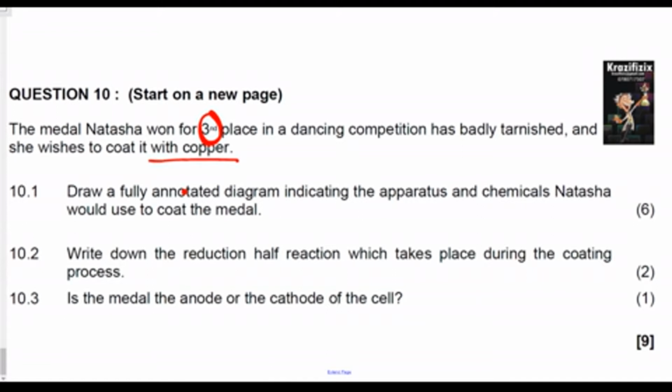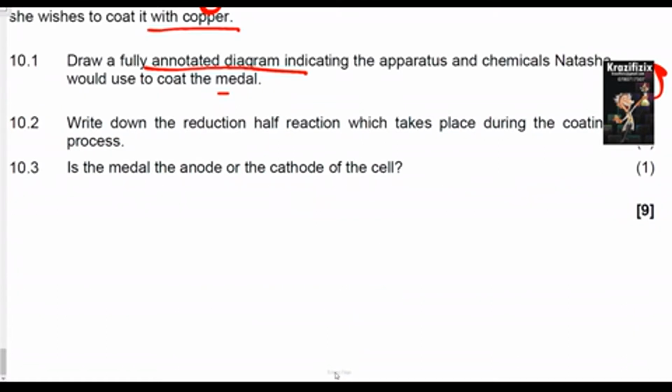If she's coating with copper, with the copper electrode and the copper salt, draw a fully annotated diagram indicating the apparatus and chemicals Natasha would use to coat the metal. 6 marks. Wow. A fully annotated diagram.